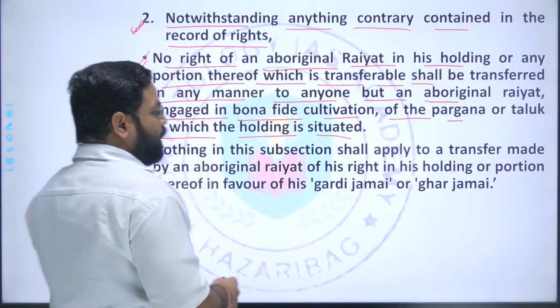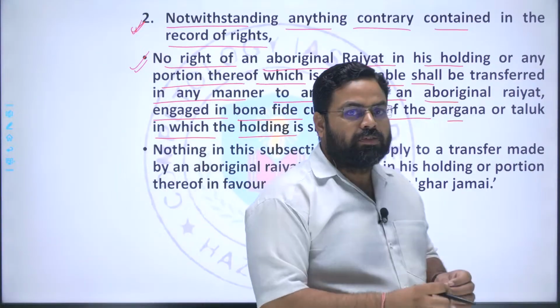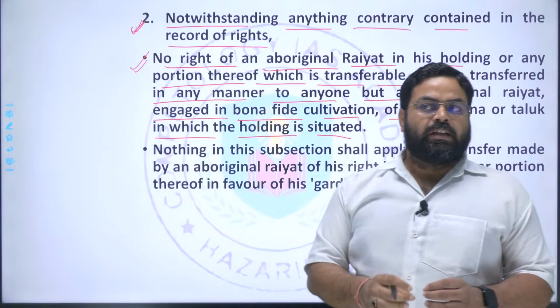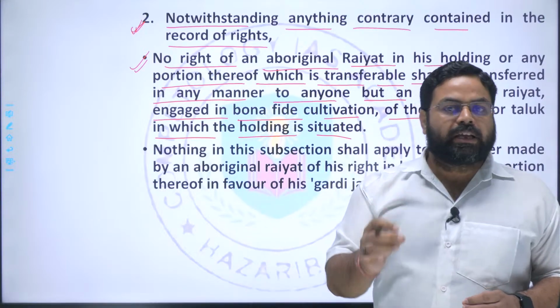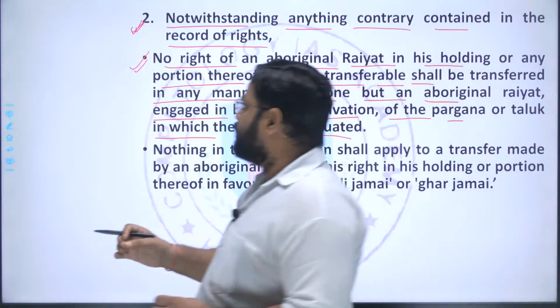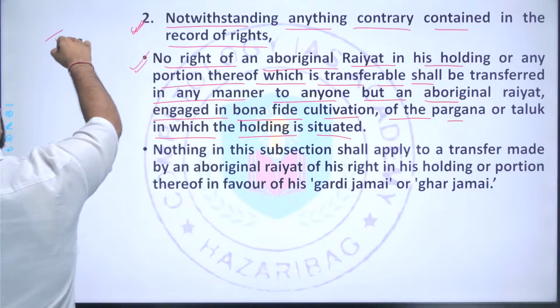So here, even if the record of rights mentions that the Rayat can transfer his holding to anyone, he can do that only to a tribal person, a Santhali tribal person.